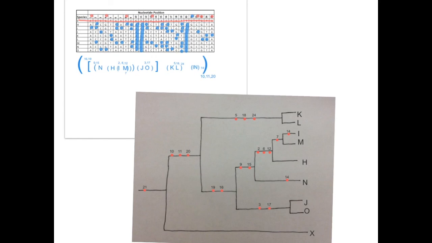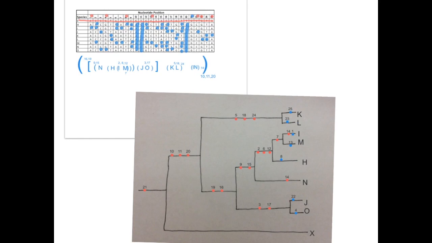So we have trait number 1, and that one only belongs with I. So we'll bring that one over to go with I. And trait 4 belongs with O. Trait 8 will go with H. Trait 13 with M. Trait 22 is going to be with J. 23 will go with L. And 25 will go with K.